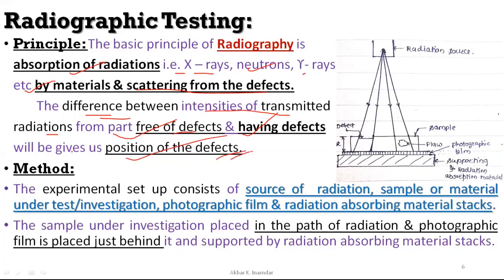In this method, as shown in the diagram, this is a radiation source, then the sample is placed here which contains flaws and some defects. The transmitted radiation can be captured on a photographic plate, which is supported by radiation absorbing material stacks.